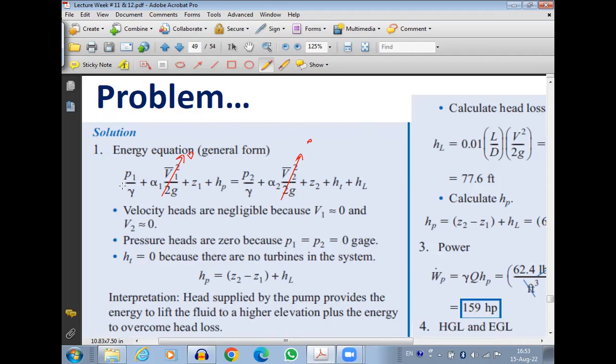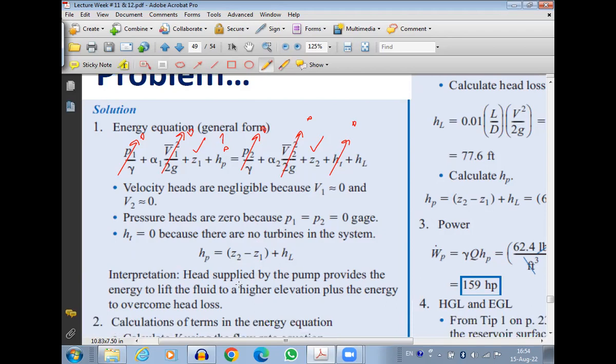Both are open to atmosphere, so P1 is 0, P2 is 0. There is no turbine in between, so HT is 0. Elevation for one reservoir is known, elevation for the other reservoir is also known. And we need to find out how much is the pump power. So that's how we end up with this equation.